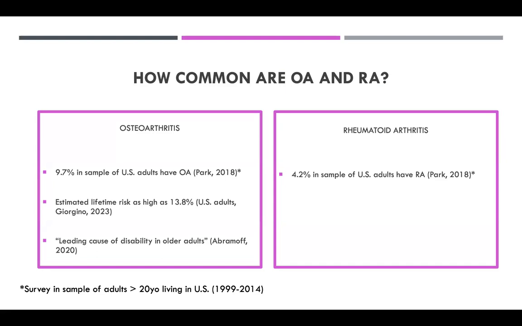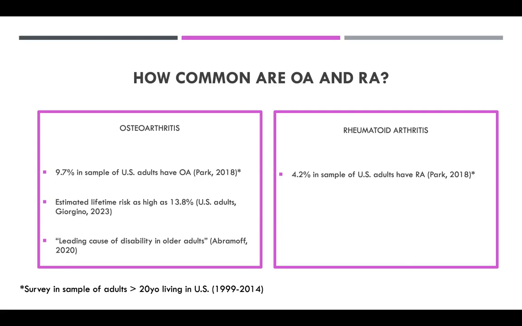And then rheumatoid arthritis was about 4%. As I mentioned, osteoarthritis is quite a common health condition, and a significant proportion of adults will suffer from this, especially later in life. So it's a leading cause of disability in older adults.